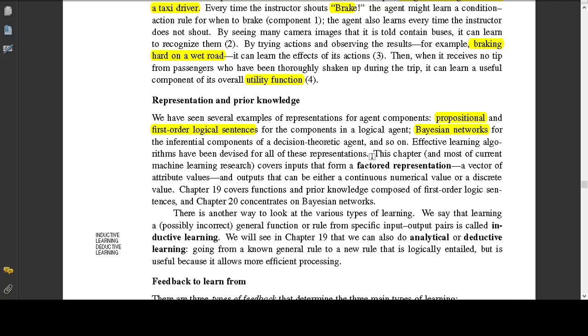In all these we can store the information in the form of rules or in some other mathematical forms. Effective learning algorithms have been devised for all these representations. So whatever representation we use to store the knowledge, there are learning algorithms available.